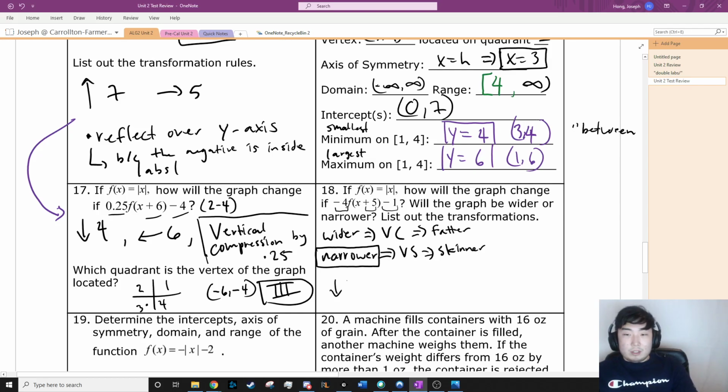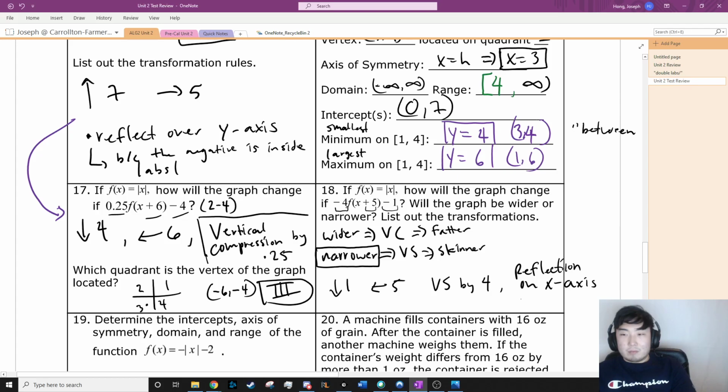So I'm going down 1 unit. I'm going to the right 5 units. I am vertical stretching by 4. And I'll have a negative. And that's going to be a reflection on, not y-axis, sorry, on x-axis.